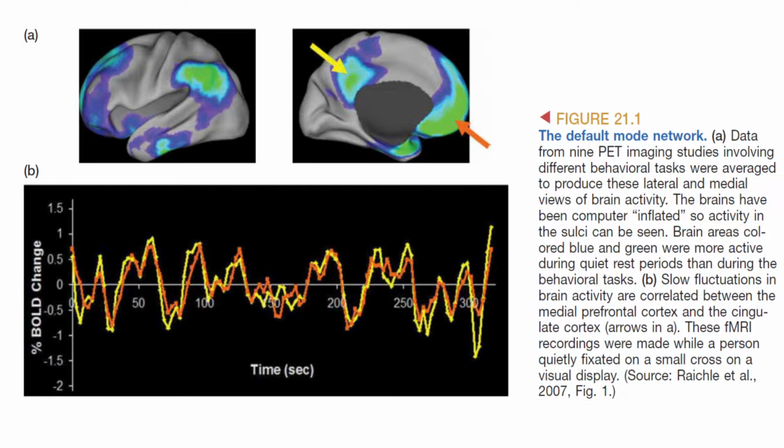You can see two images, the figure A and figure B. Figure A is depicting what the authors call the default mode network. They use a specific technique which is called the positron emission tomography, which make it possible to see how the brain, in this case, is consuming glucose.